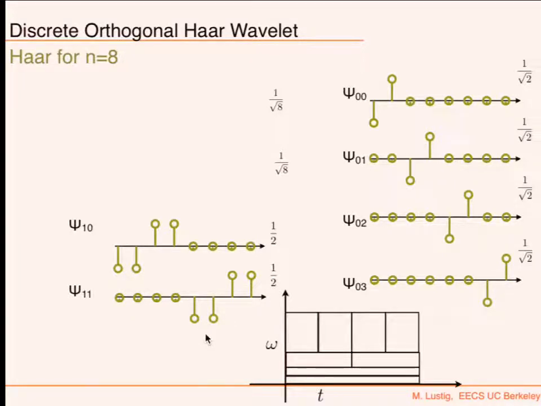Now, this represents kind of a bandpass filter now. Look at this. It looks like a bandpass filter. Okay? So it represents some bandpass information at the position of the first half of the signal. And this is a bandpass information representing the second half of the signal.